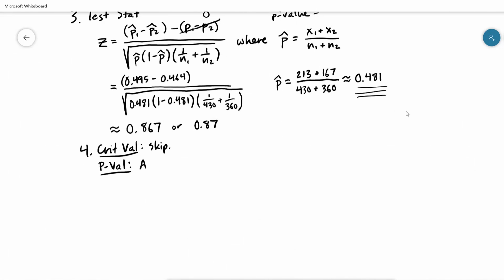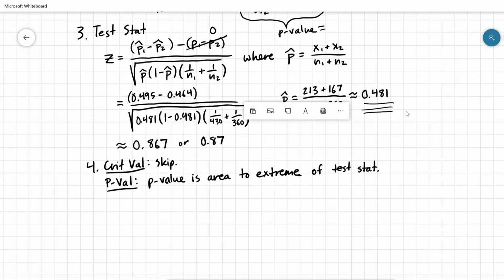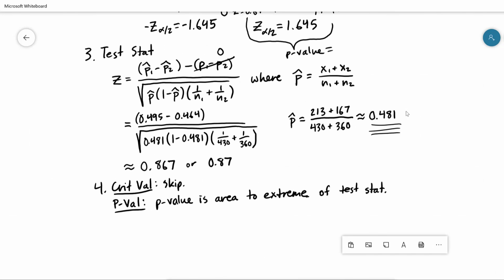So what is the p-value? It's the area to the extreme of our test statistic. And so I want to make something totally clear. Let me go back up to this picture here.